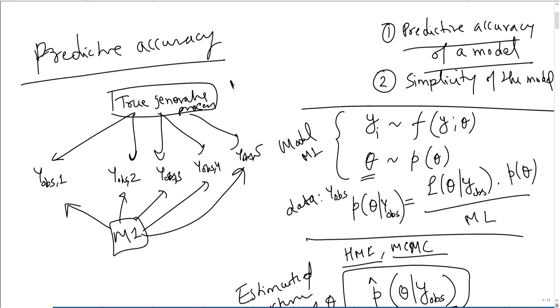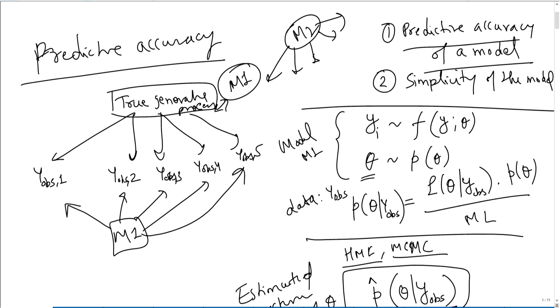If the assumptions you have made or the model that you have specified, let's say M1, is close to the true generative process, then it should be able to predict all these outcomes in all these experiments, right? If your model is bad, let's say really far from the true generative process, then it would generate very different kind of predictions. Basically, it won't be able to predict these data points, right? It won't be able to accurately predict the observed data, right? If it is close to the true generative process, it should be able to predict all seen, unseen data coming from that particular generative process, right?